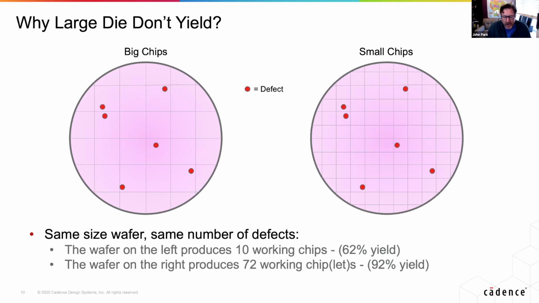The wafer on the right has the potential to create 72 working chiplets. They're about half the size. Then you see little red dots, and those indicate defects. When you build a wafer, there are always going to be defects that impact it, and those are not known good die. They don't work.